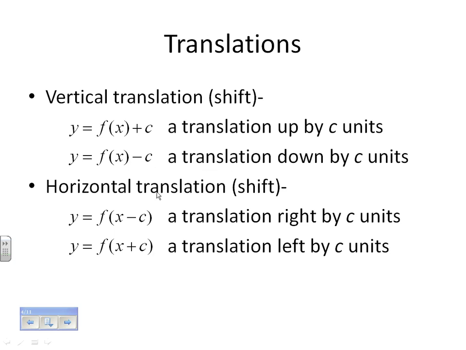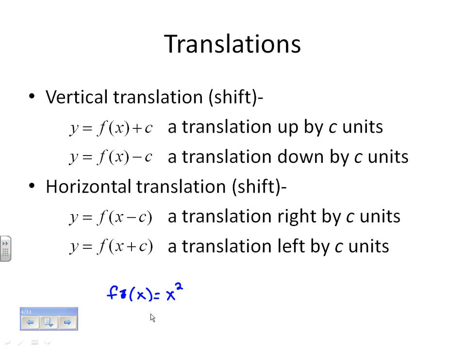And then here we have horizontal translation, which is going to kind of be an opposite situation. If I have a function like x squared, that's what f of x equals in my example right here. Then for vertical translations, I'm just adding or subtracting a number out to the side here, and it changes my y value.